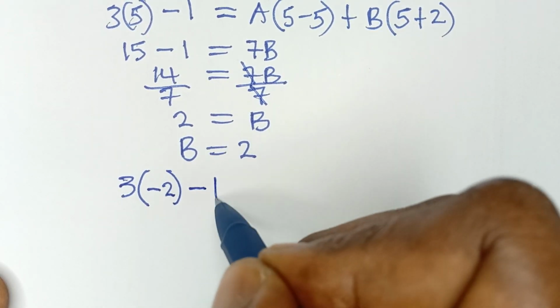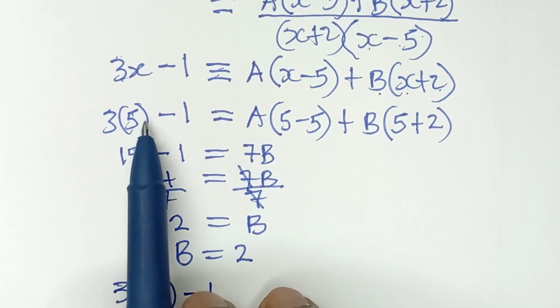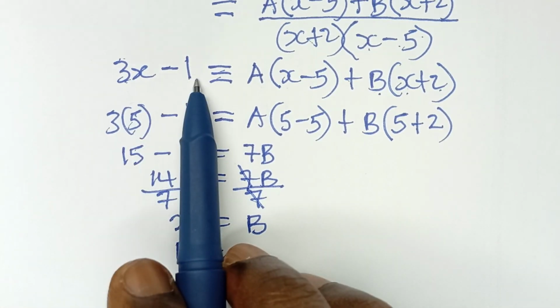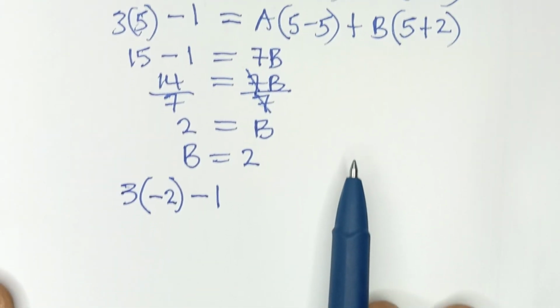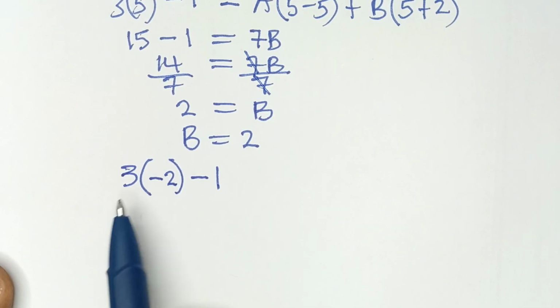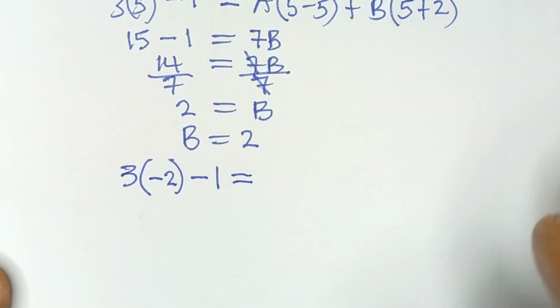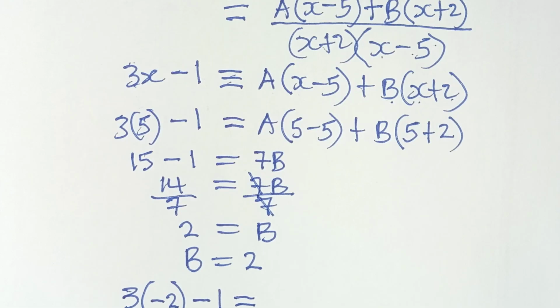and then minus 1. That is what I've just done here. Because this is 3x minus 1. And it's exactly what I've done here. 3x, because we are taking the value of x as negative 2. So 3x minus 1. And that will be equal to the part of a now. Let's look at the part of a.